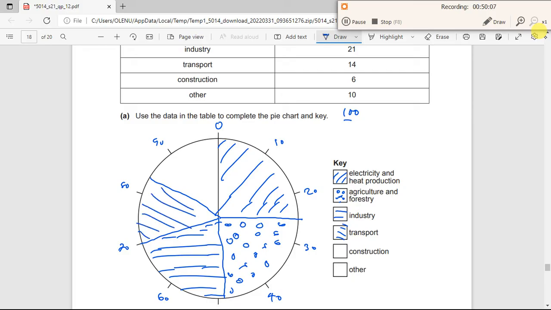Then construction is 6, so I'll take it to 90. Can use M for Matthew. And lastly, others is 10. You can set to leave it blank like this. Gives you your key. So you're done.